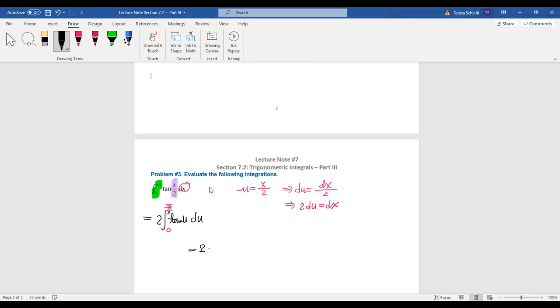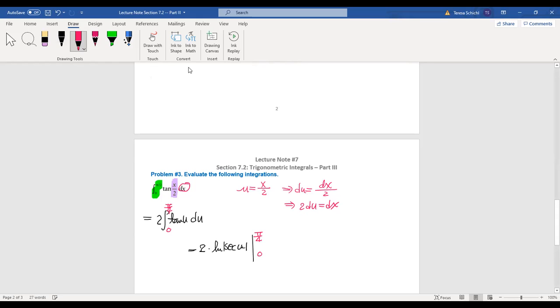So now, what is the integral of tangent u? We know it's the natural log of secant u. Because we already replaced with u's limits, this is from 0 to pi over 4.